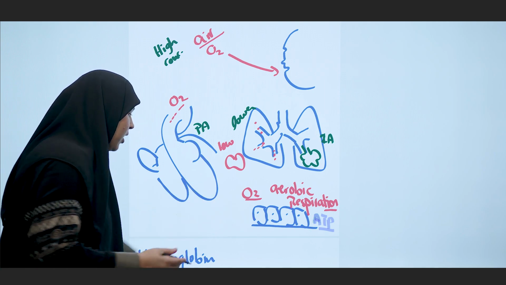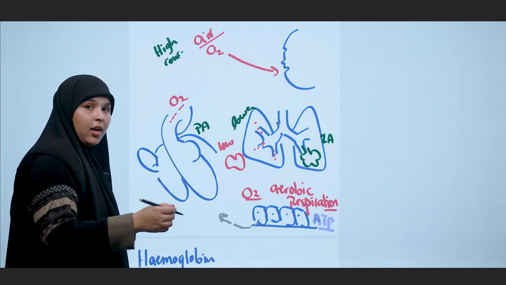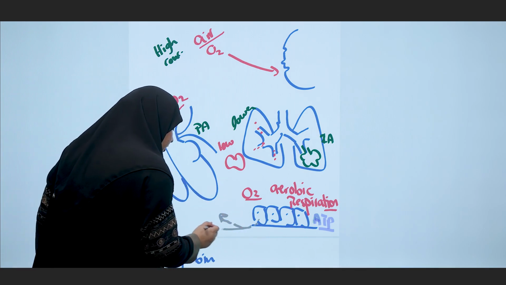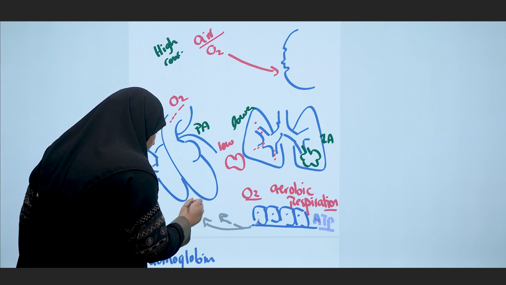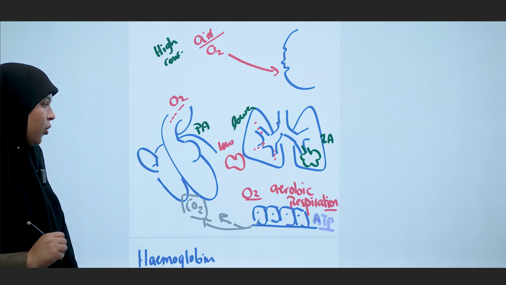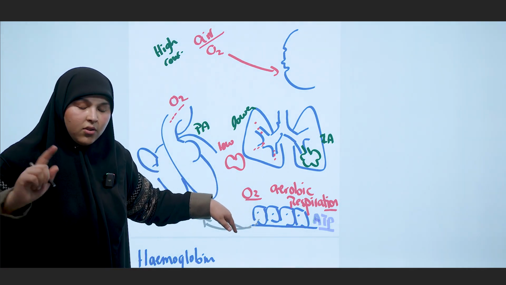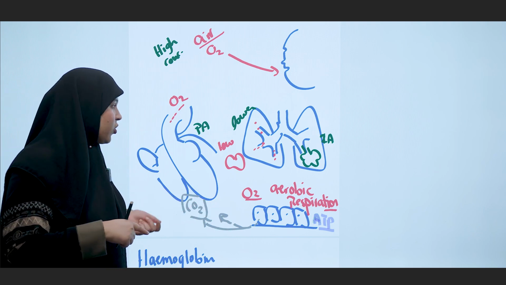So some of the waste products will go through the kidney. Some of them will be released by the digestive system. And one of them is a gas, it's called carbon dioxide. So we need to bring nutrients plus oxygen to the cells, and we need to remove waste products, and one of them is carbon dioxide.